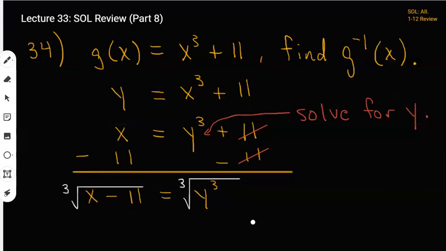And notice the cube root is always going to have an index of 3. So that's going to match up with the 3 on the inside. So these 3's are going to cancel out. So watch this. I'm going to change to red, get rid of this 3 and this 3, and I'm only left with the y now. And then on the other side, I have the cube root of x minus 11. That's my answer.